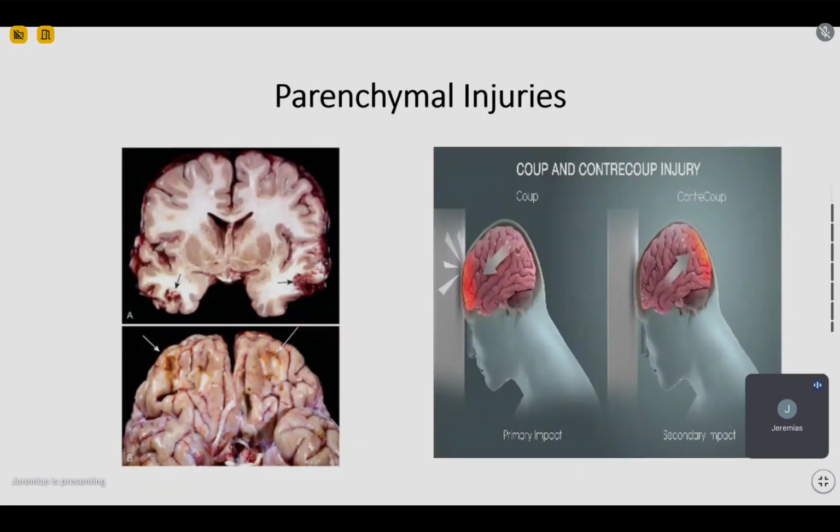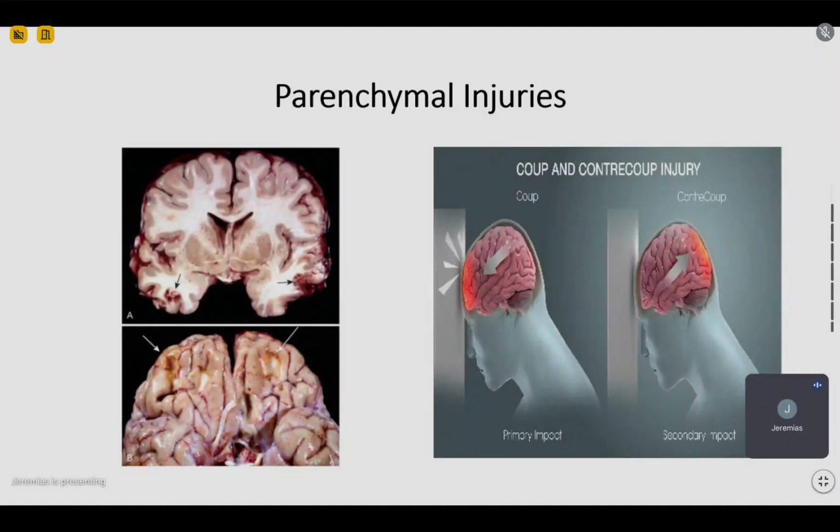Also, we have what we call the coup and contre-coup. So for the coup, a person who suffers a blow to the head may develop a contusion at the point of contact. That's considered a coup injury.